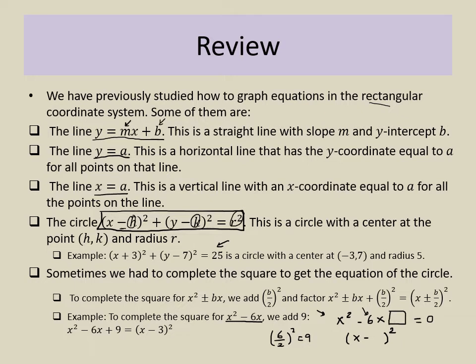So what we used to do is we would add 9 here to complete the square, but that means that we also have to add 9 to the other side. And once I have the perfect square trinomial on the left-hand side, I can factor it. This gets factored as (x minus 3) squared equals 9 on the other side.